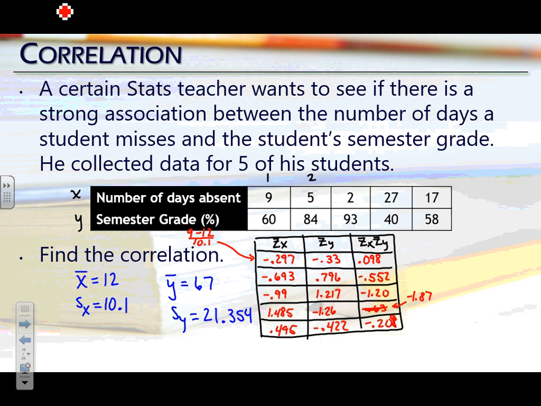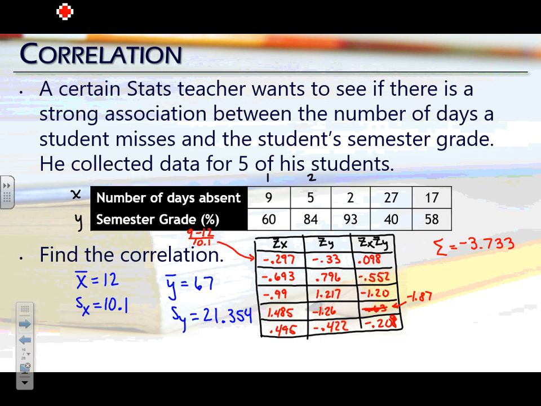So now, add up the last column again. As soon as you get it, go ahead and tell me. Negative 3.733. Do you agree with that?